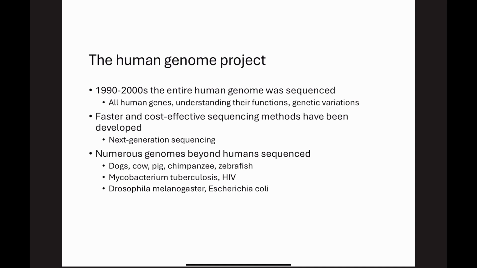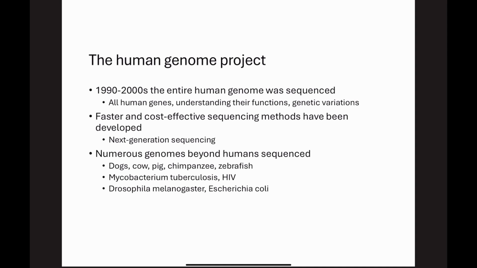We've even sequenced the genomes of bacteria and microorganisms such as Mycobacterium tuberculosis and HIV. And we have also sequenced the genome of E. coli, Escherichia coli, and Drosophila melanogaster.